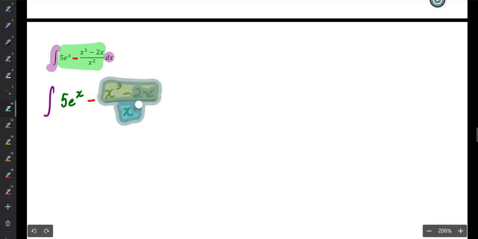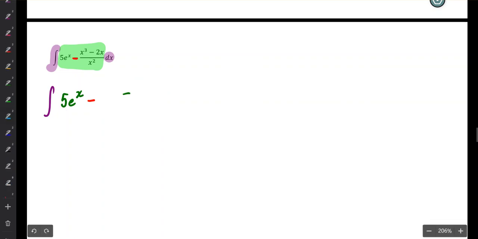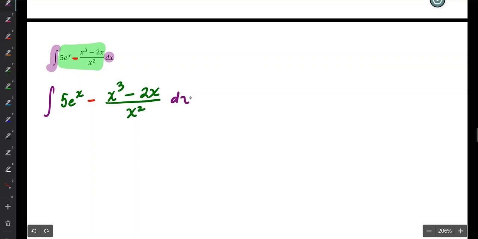So because of that, I see here that I could do a little bit of algebra, and I could rewrite this portion of the function as terms, meaning across addition or subtraction.